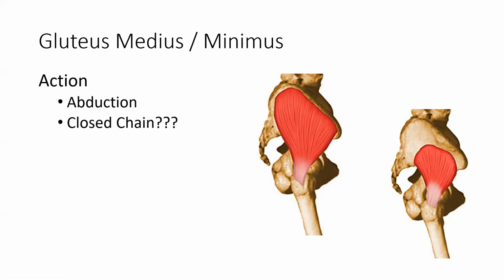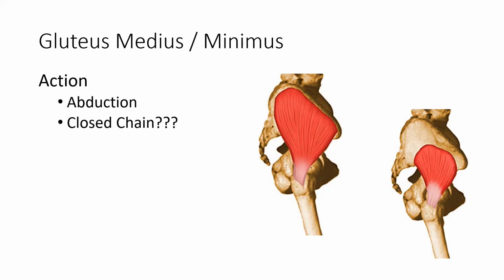And when we're in a closed chain activity, thinking back to, we have posterior gluteus maximus, which can cause posterior pelvic tilt. If we look at gluteus minimus and medius, which have this lateral origin to insertion, if my femur is planted and this muscle contracts, it will move me into a lateral pelvic tilt.